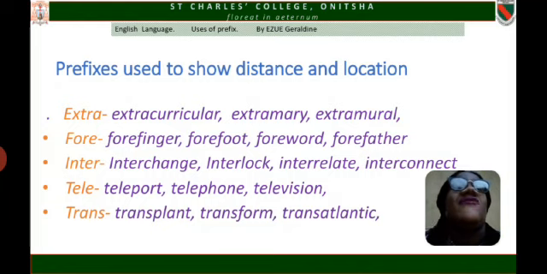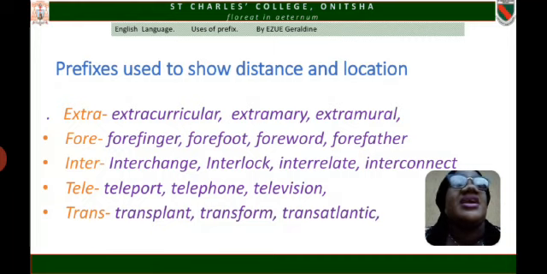Then we have forefinger. It shows the location of the biggest of your fingers. The foretoe, then forward, and the forefather. Then we have interchange, interlock, interrelate, interconnect.